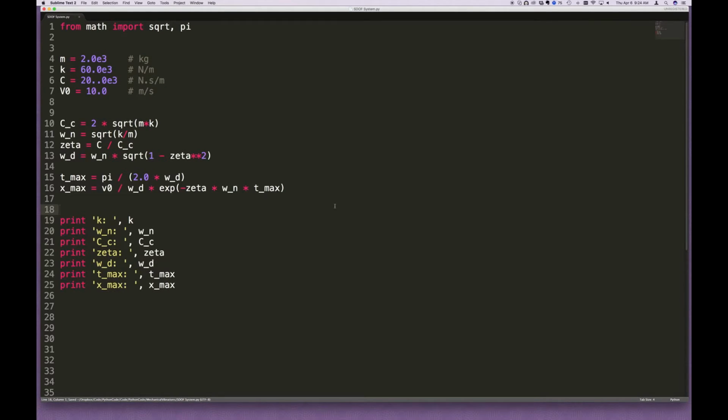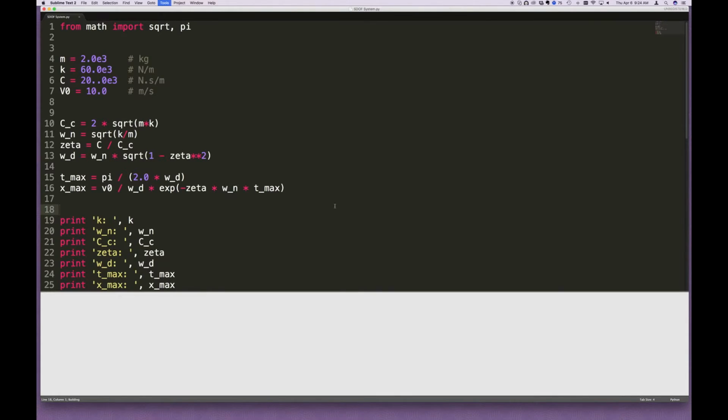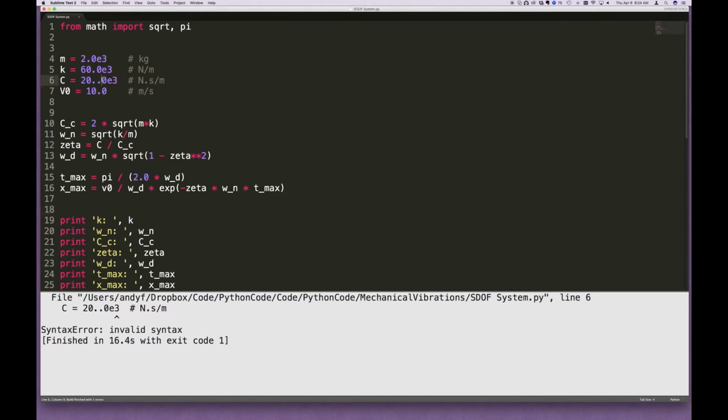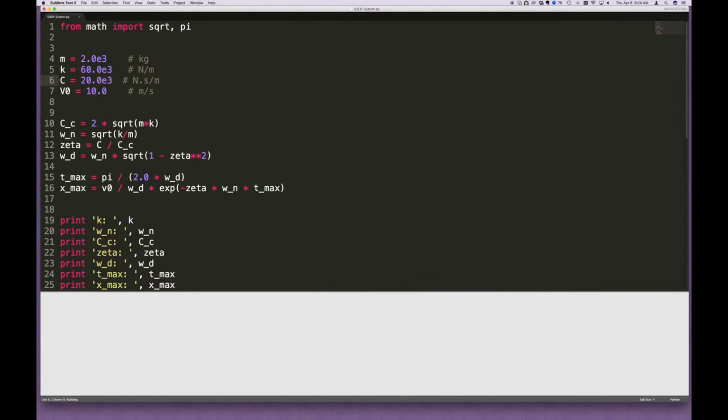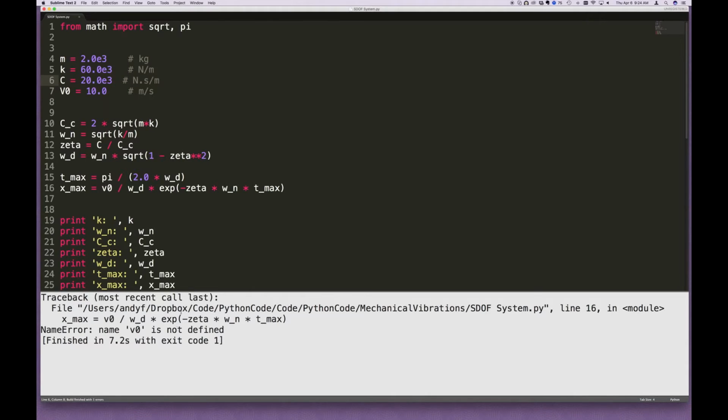So I'm going to go ahead and run this. It's just Command B on my computer. And down below here in the console, it should print out all these results. So I've got an extra period here in line 6. Let's fix that and run it again. Error: V0 is not defined.